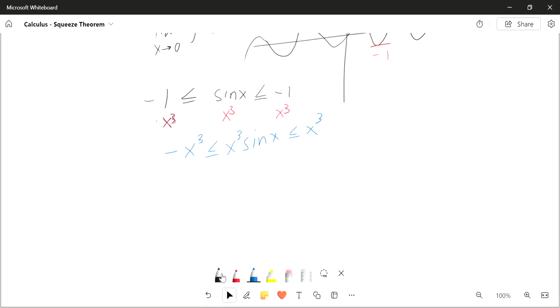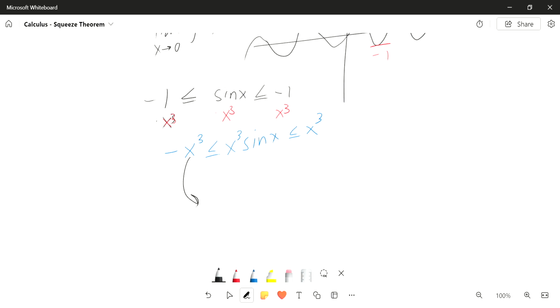So now you find the lower bound's limit and the upper bound's limit. As x approaches 0, negative x cubed would also approach 0 because 0 cubed is 0. And it's the same thing with x cubed. As x cubed approaches 0, this function will also approach 0.